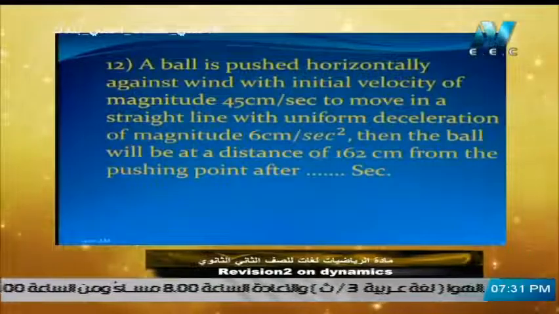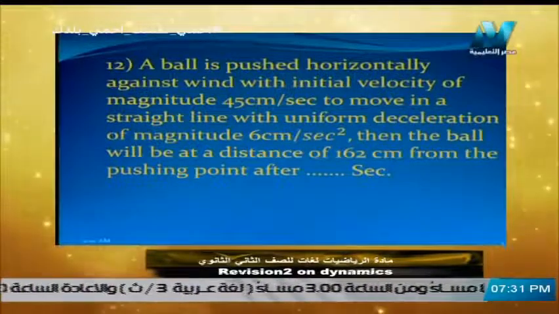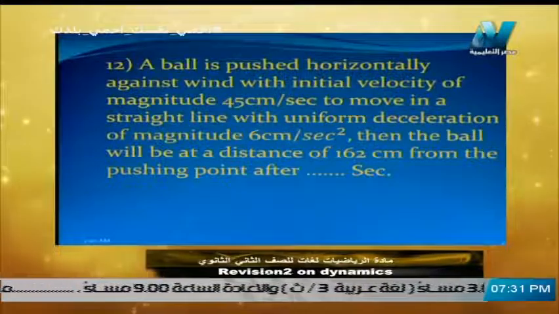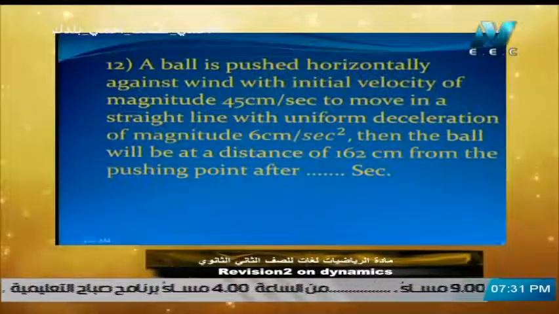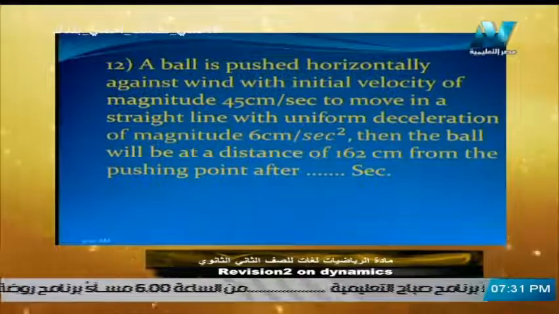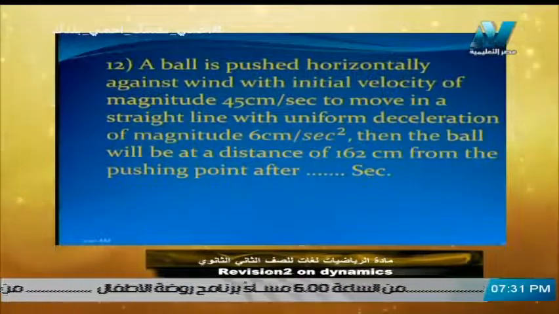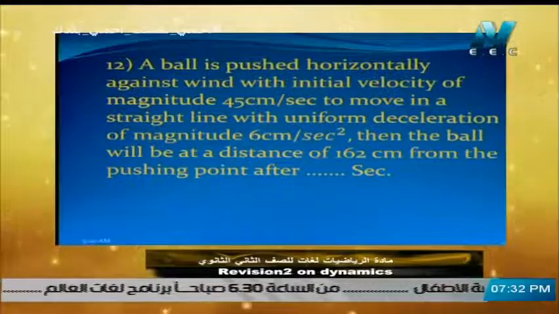Let's go directly to the next question here in the laptop. A ball is pushed horizontally against wind with initial velocity of magnitude 45 centimeter per second to move in a straight line with uniform deceleration. Deceleration here means the acceleration equals negative 6 centimeter per second square.